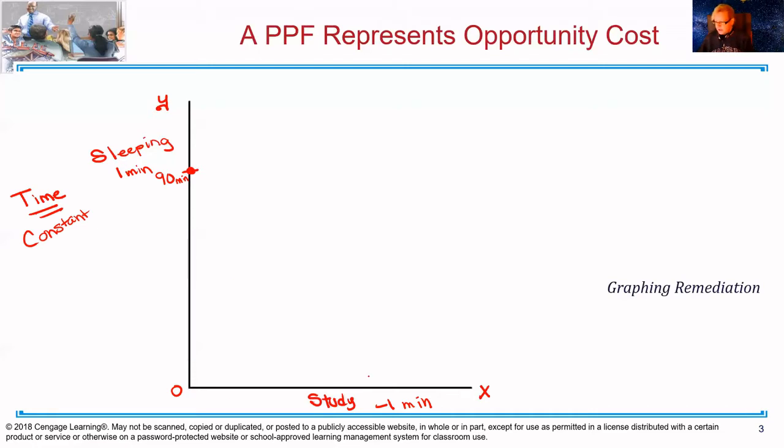The opportunity cost of sleeping in this example is going to be studying, and I'm going to put a mark down here on the x-axis and say 90 minutes of studying. Because you can't do both at the same time, and because the factor of production that we're looking at, time, is a constant, this production possibilities frontier will be a straight line.